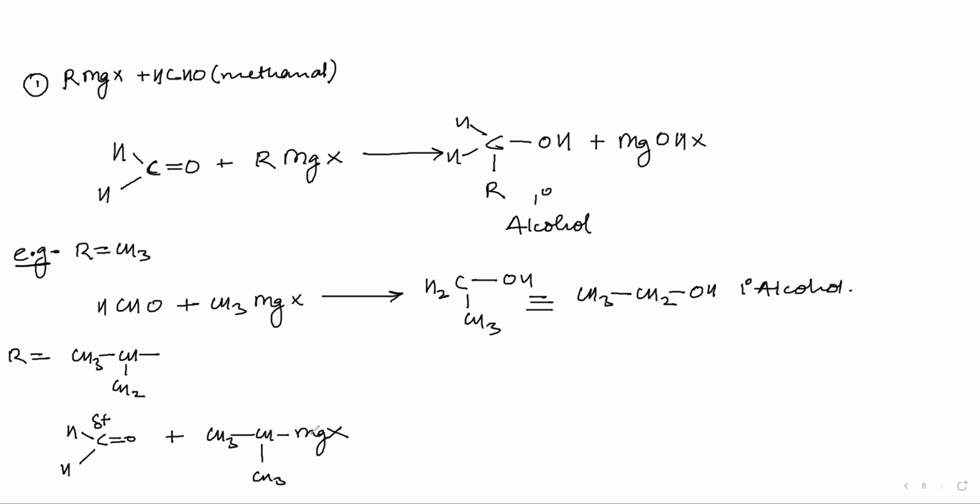This CH is bonded to what group? CH is bonded to Mg. Mg is a metal or non-metal? Magnesium is a metal or non-metal? Metal. So what is the property of metal, to lose electron or to gain electron? Lose or gain?